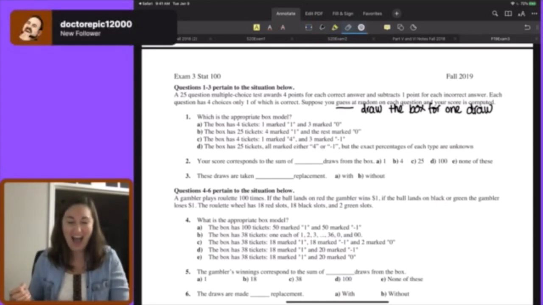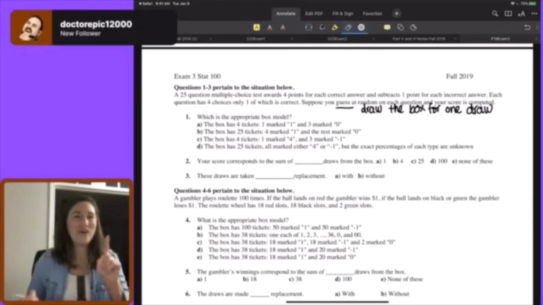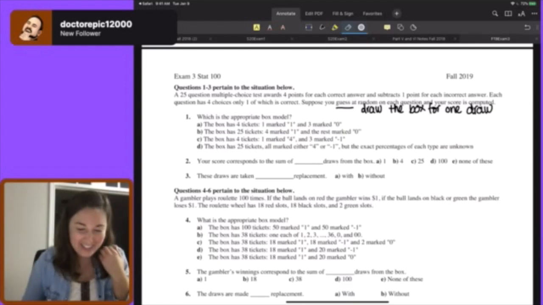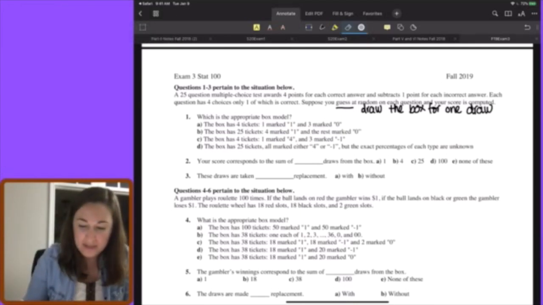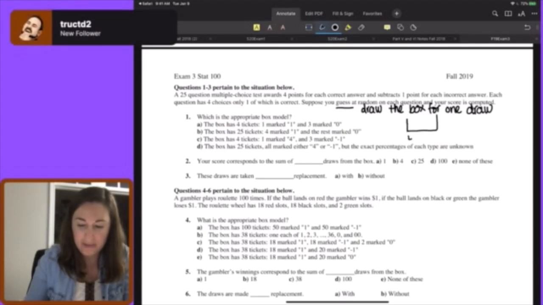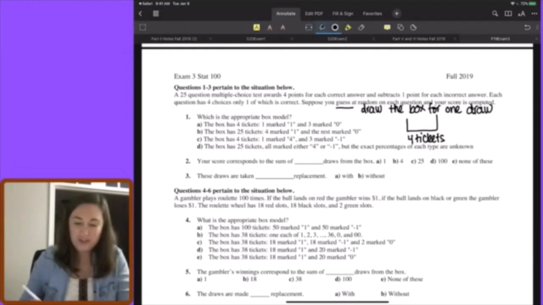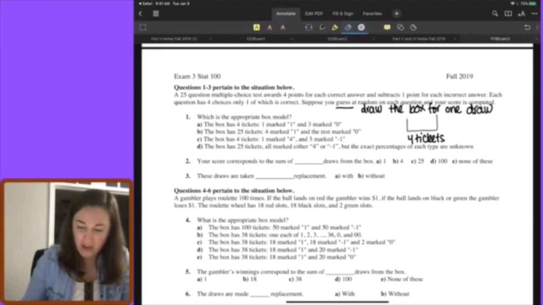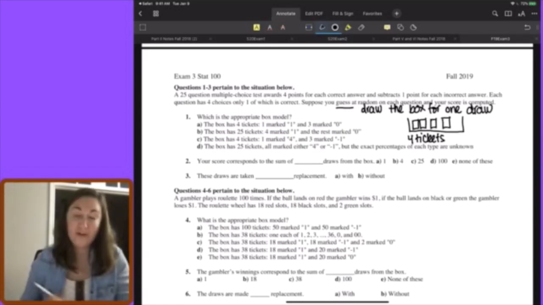So for one question, there are 4 answers, right? Yeah, 4 choices. So I'm going to have 4 total tickets in my box. I drew this kind of small, so let me draw a bigger box. 4 tickets, and each of the tickets represents your score for the question.